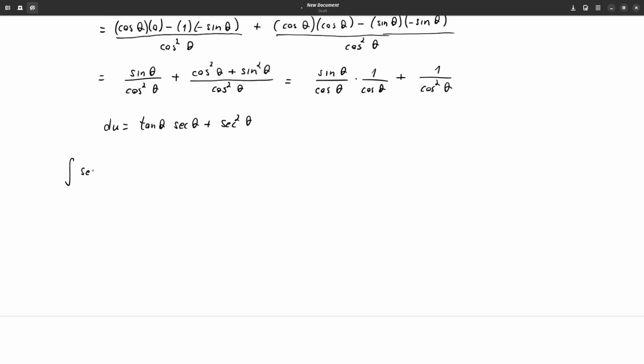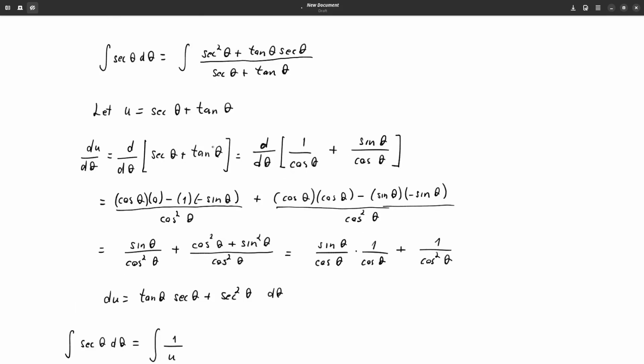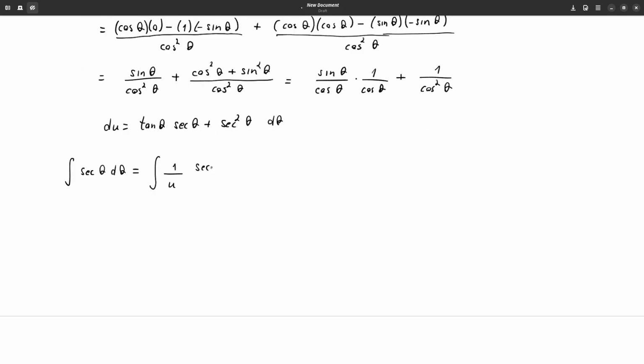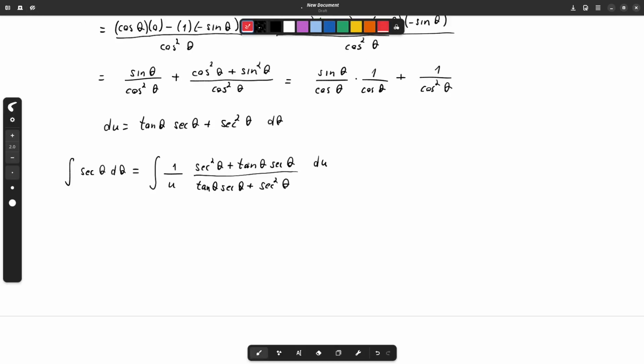We substitute everything into the integral now. And we can cancel out this horrifying thing.